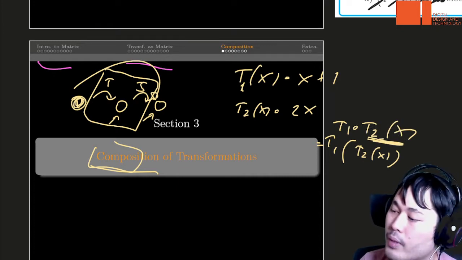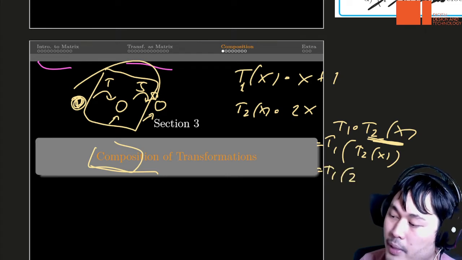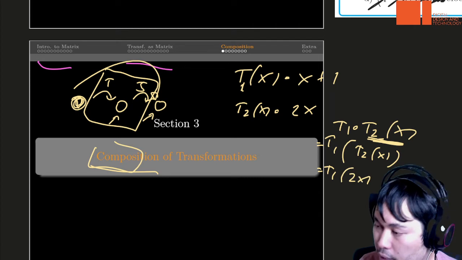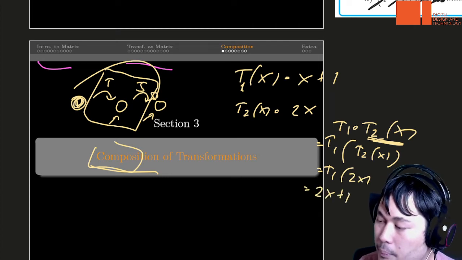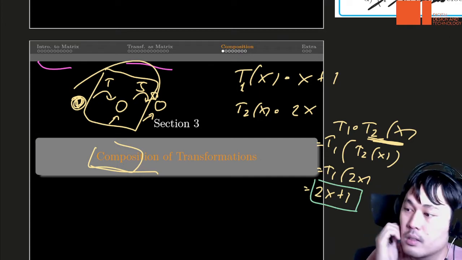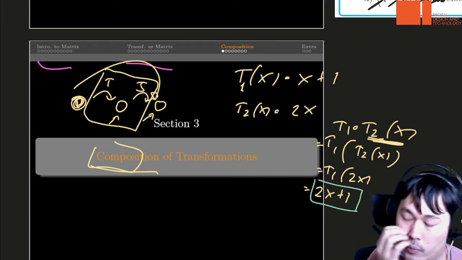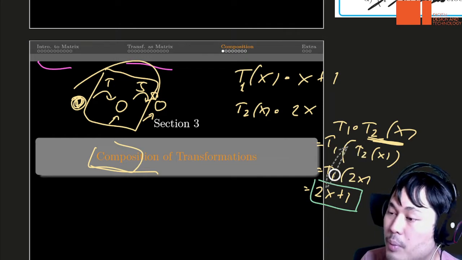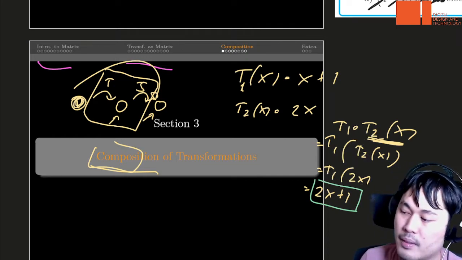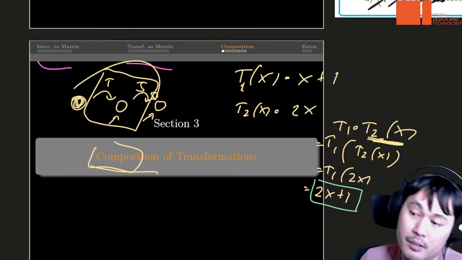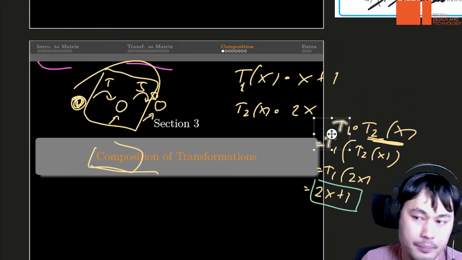So in this case, you multiply everything by 2 first, and then after that you move everything by 1 point. So this was the transformation in one dimension, where all you have are functions, and you can compose functions using the definition of a function. So that's a composition in one dimension.